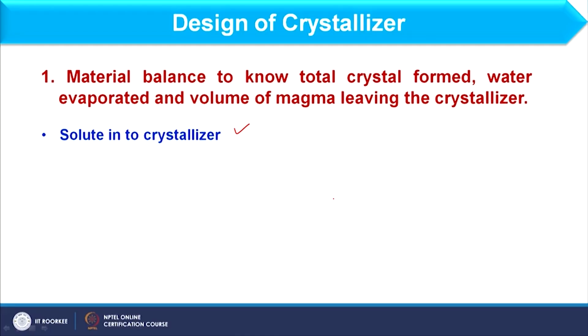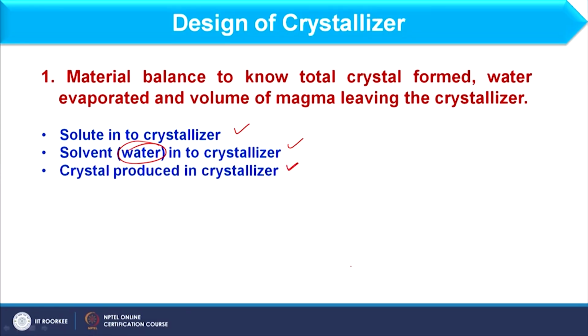So, initially you have to consider how much solute you are going to handle in the crystallizer. Okay. So, that will be solute in. Solvent, that is, how much solvent is included, which is basically how much water is included, because usually the solvent in a crystallizer is water. Okay. Other solvents may be there, but usually we consider water as the solvent. And after that we should calculate how much crystals are produced in the crystallizer and how much solute is leaving the crystallizer.